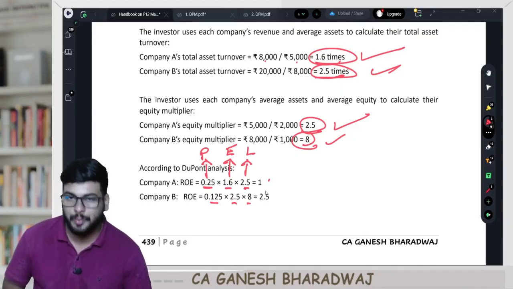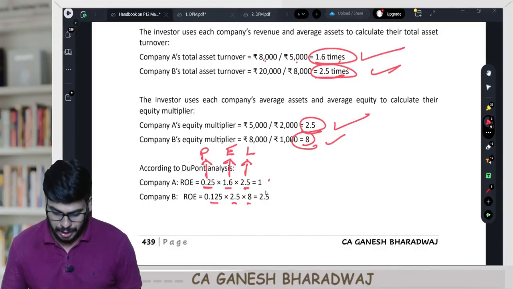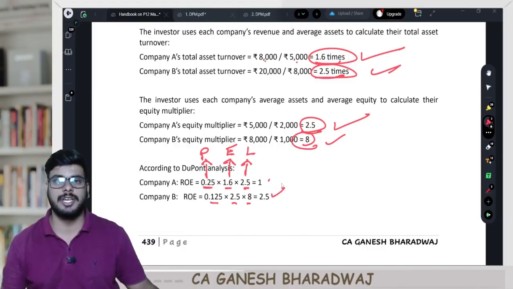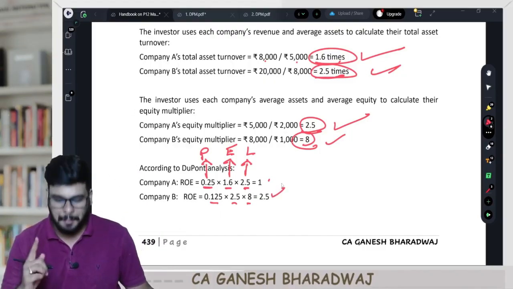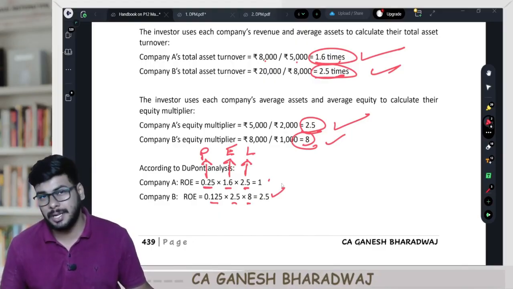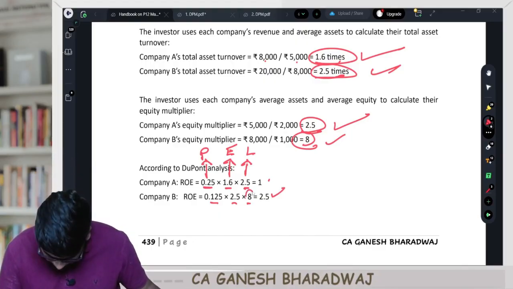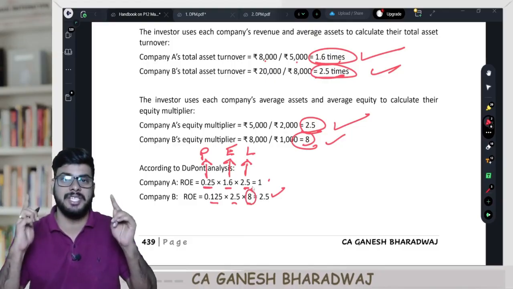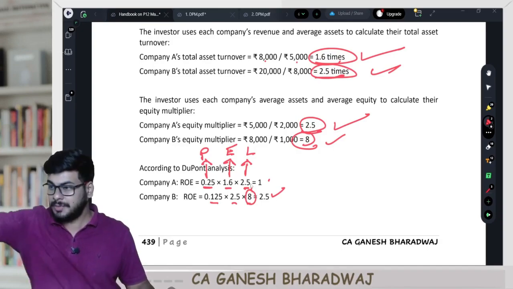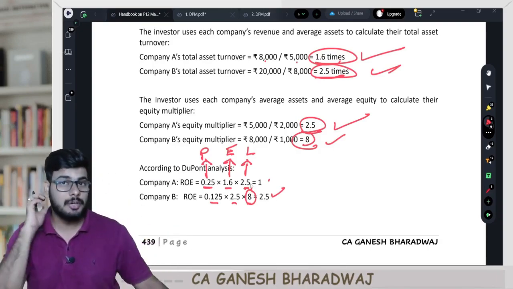Now you look at this. On the face value, company B reports a high return on equity. But why is company B reporting a high return on equity? Predominantly, it is because of the leverage effect, 8 times. Because of the leverage effect, overall the return on equity appears to be high.